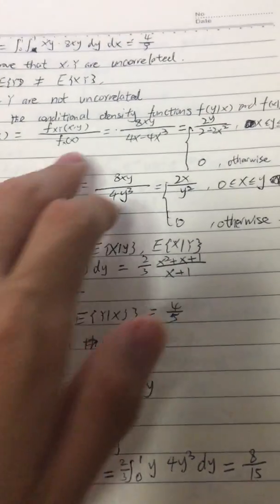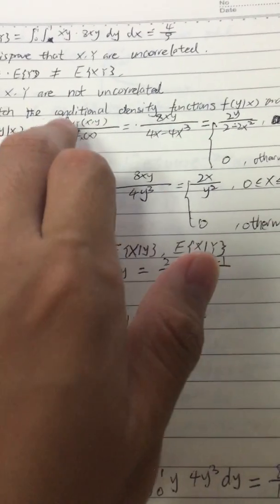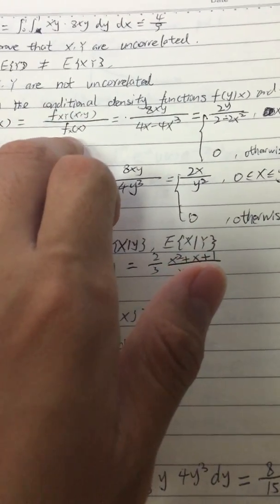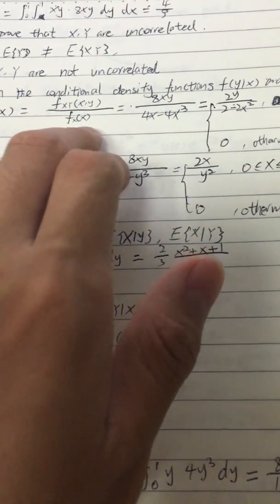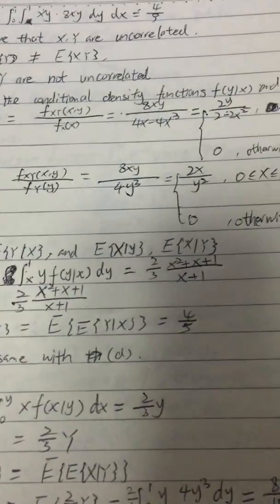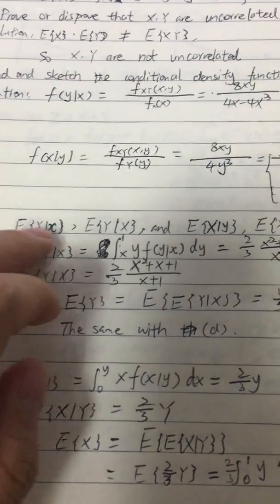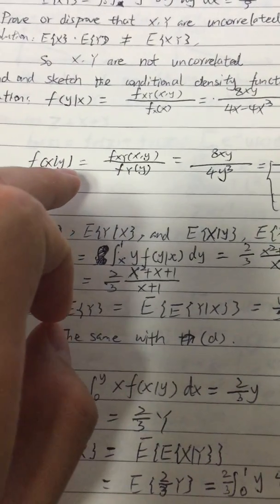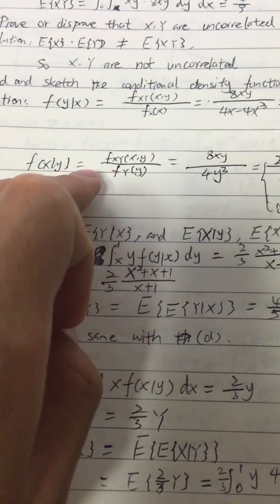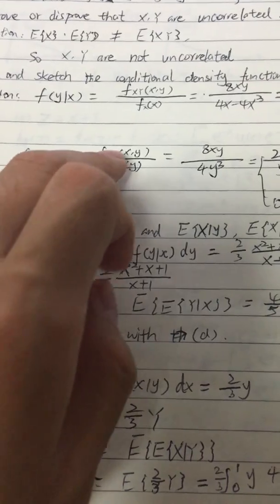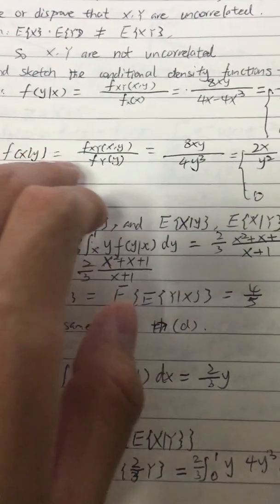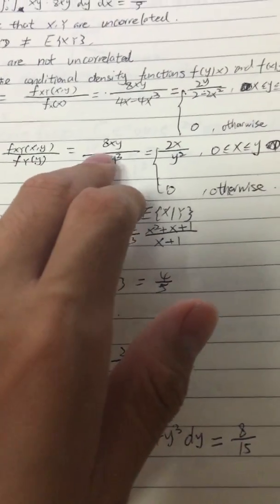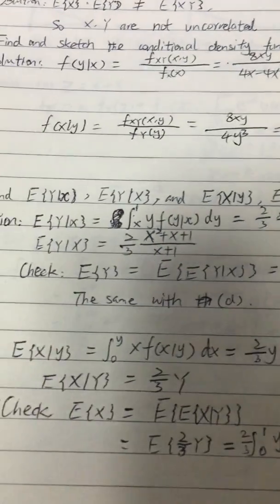We have solved out fxy and fx, so we can just solve it easily. And then fx given y is similarly equal to fxy divided by fy, so we can solve it out like this.